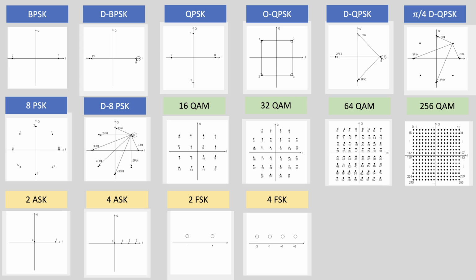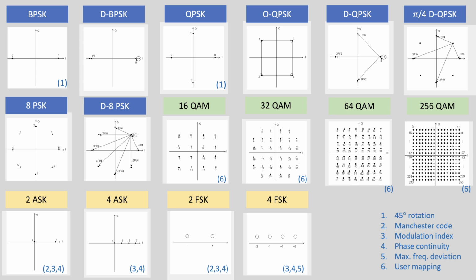And like you saw earlier with the example of 64 QAM, some of them have a number of different settings, and in the next sheet I'm showing a number of these settings and where they are available. Some of them allow for some type of rotation, some have frequency deviation, some allow you to map the different values to a file with all the mappings or manually, etc. So very flexible indeed.